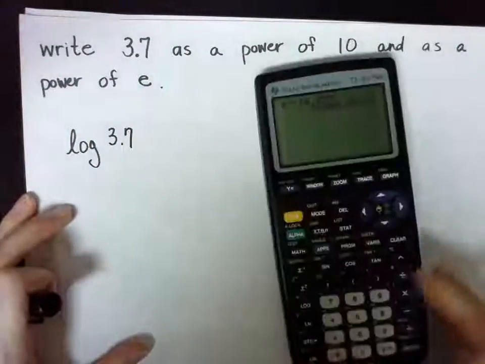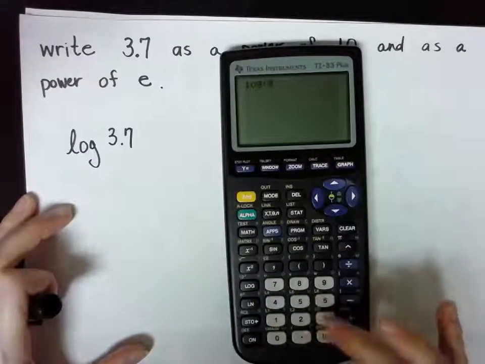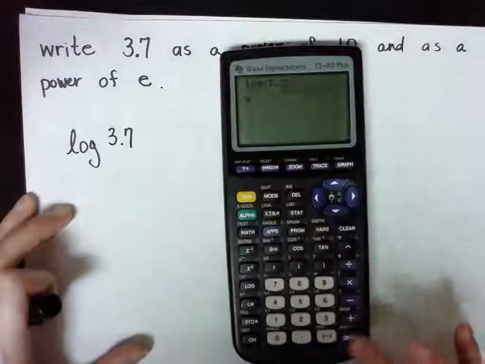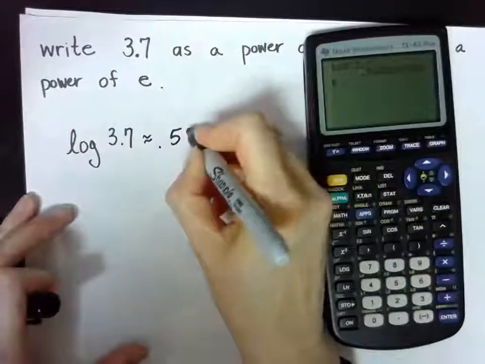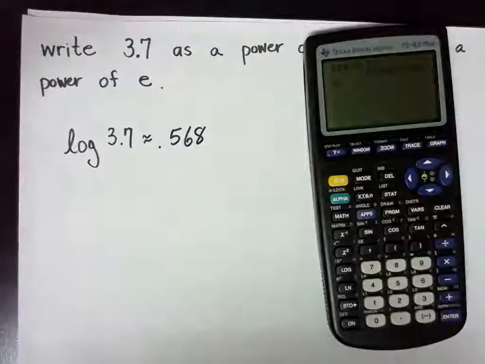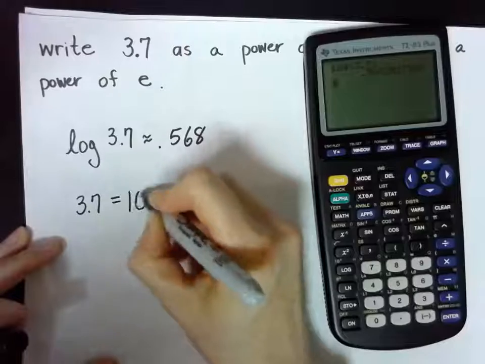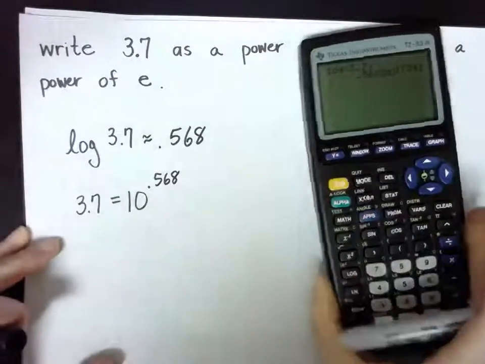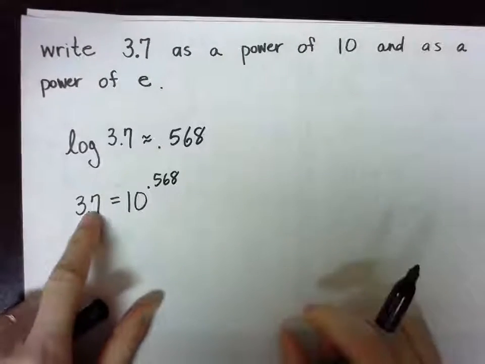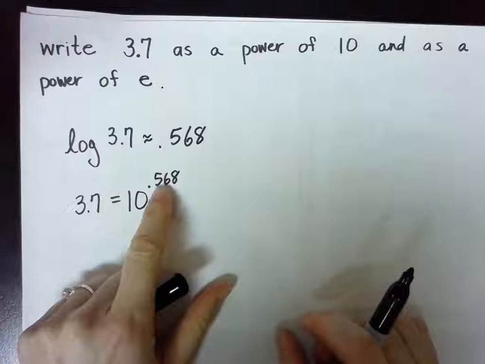Well, log of 3.7 is 0.568. So that means that 3.7 would be 10 to the power 0.568. And notice 3.7 is less than 10, so it makes sense that it would be a fraction.